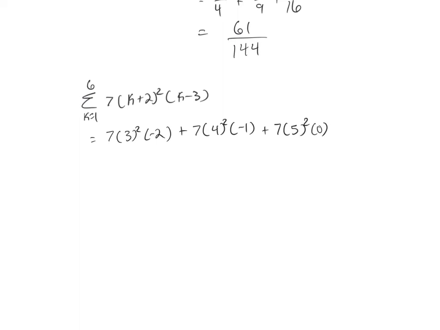Oh, that's easy. Now we're on 4. So this is 7 times 6 squared times 1. Now we're on 5. 7 times 7 squared times 5 minus 3, that's 2. And then finally the last one, 7 times 6 plus 2, that's 8 squared, times 3.